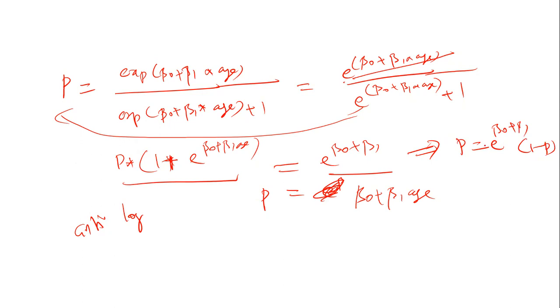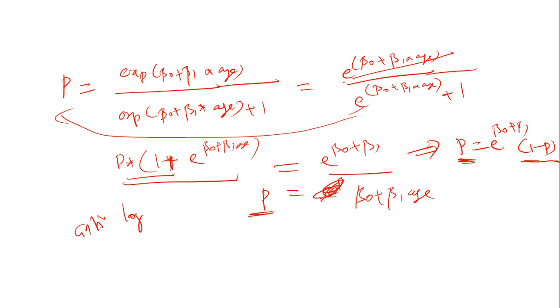So p into 1 is p, and then I'm taking the rest of the thing to the right side. So p into e to the power beta naught plus beta 1, right? I'll take 1 minus p as a common, so 1 minus p into e to the power beta naught. So now I'm going to keep the p on the left side only, okay?